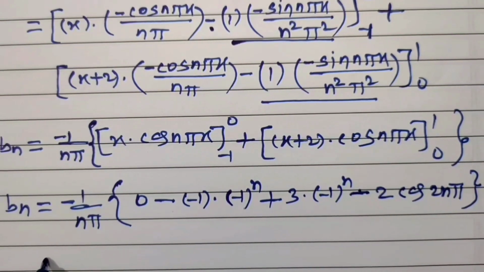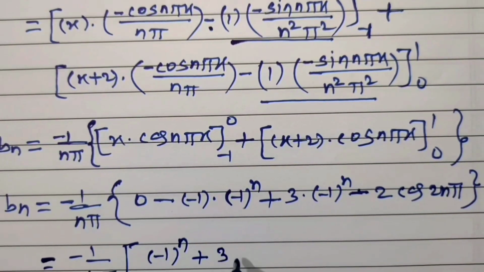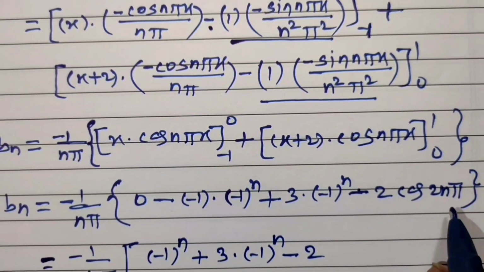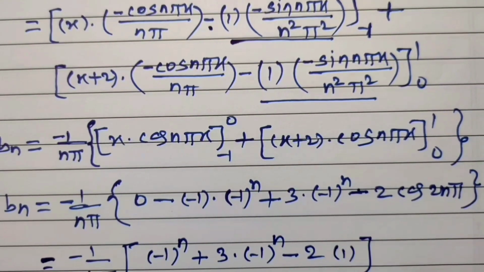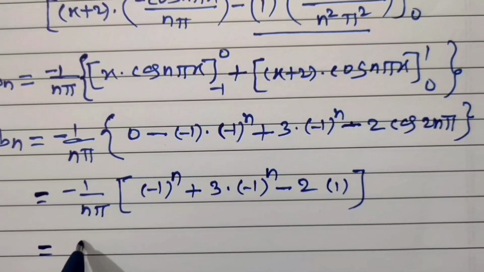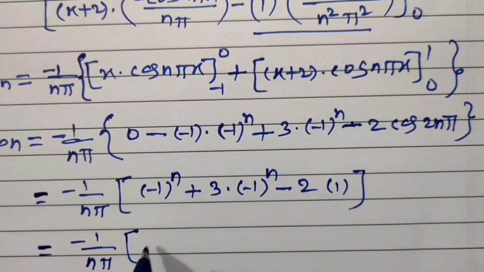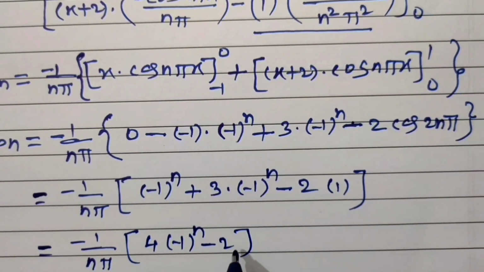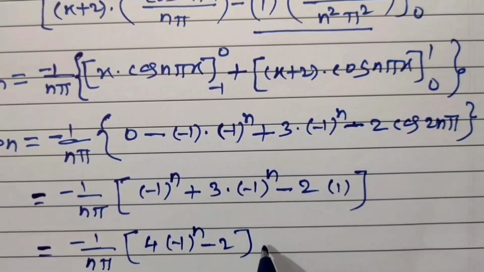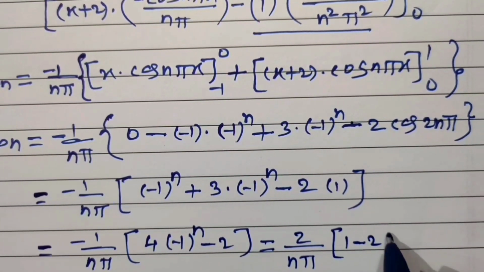So this is equal to minus 1 upon n pi. Here minus minus plus, minus 1 to the power n plus 3 times minus 1 to the power n minus 2 times cos 2n pi, that is nothing but 1, so into 1. This is again simplifying. Bn is equal to minus 1 upon n pi into bracket 3 plus 1, 4 times minus 1 to the power n minus 2. Again you can take 2 common or minus 2 common. So this can be written as 2 upon n pi, 1 minus 2 times minus 1 to the power n.